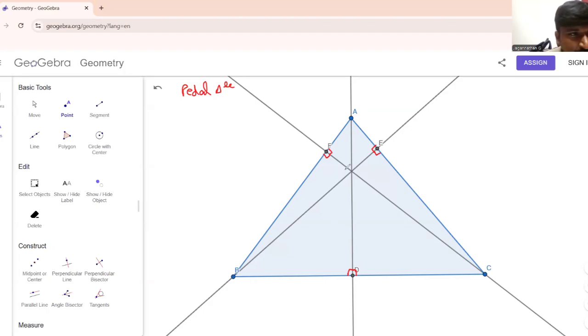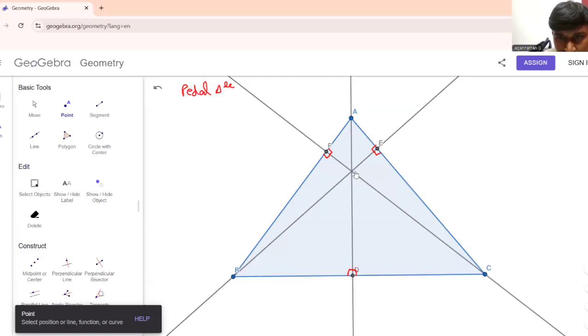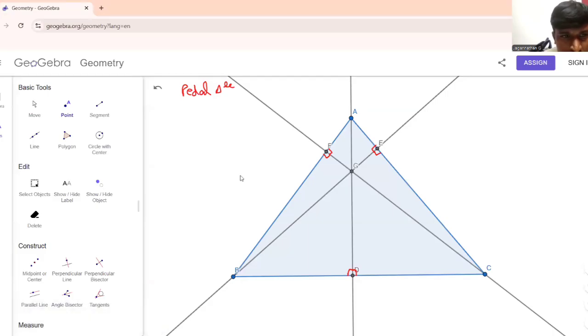Now, this point is called the intersection point of altitudes. It's called the orthocenter, generally marked by the letter H. Now you can notice this quadrilateral FHDB has opposite angles of 90 and 90.